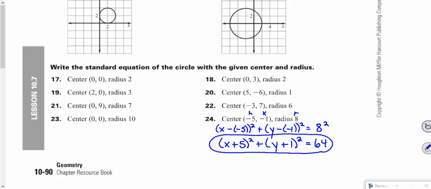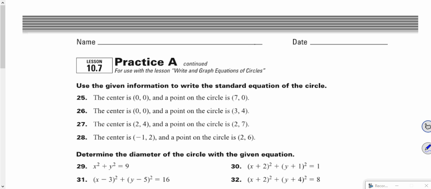Next page. Now, use the given information to write the standard equation of the circle. Let's do 26. In order to have the standard equation, we have to have the center, which they do give us. So this is my h and k. We have to find the radius.